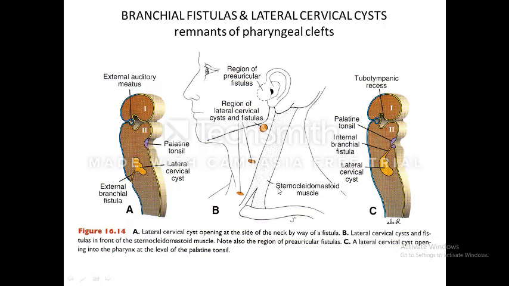What does this picture represent? It represents the location of the lateral cervical cyst, the region of the lateral cervical cysts and fistula in front of the sternocleidomastoid muscle. In front of the sternocleidomastoid muscle will be a region of the lateral cervical cyst and fistula.